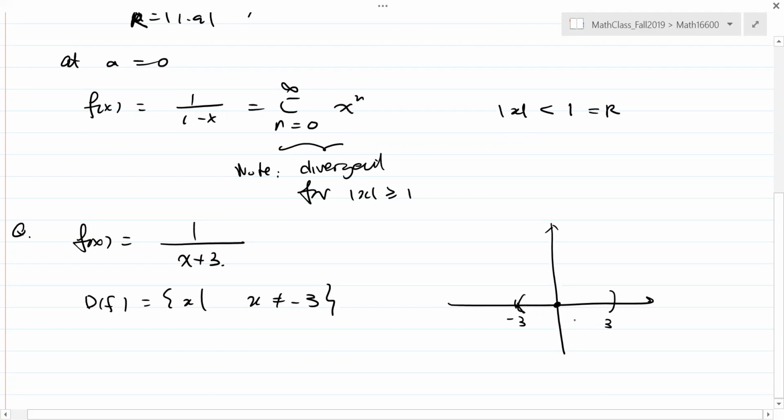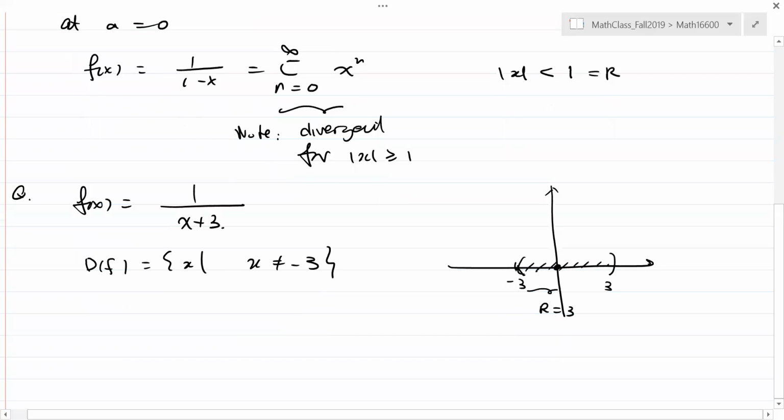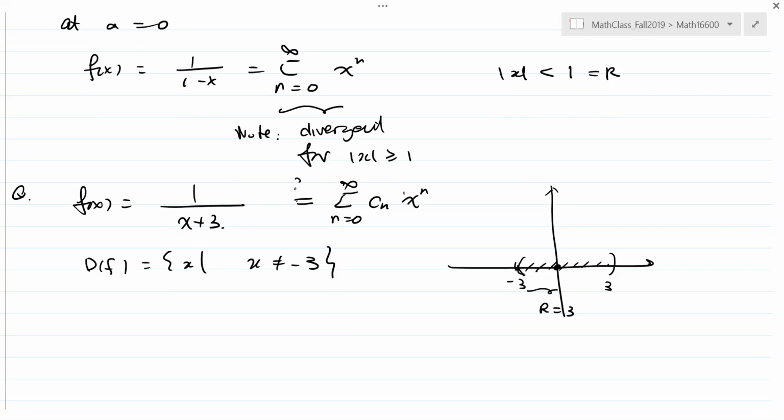Over that interval, R is going to be 3, so the interval is from -3 to 3. The question is, over that interval, can I express it as a power series in x to the n?